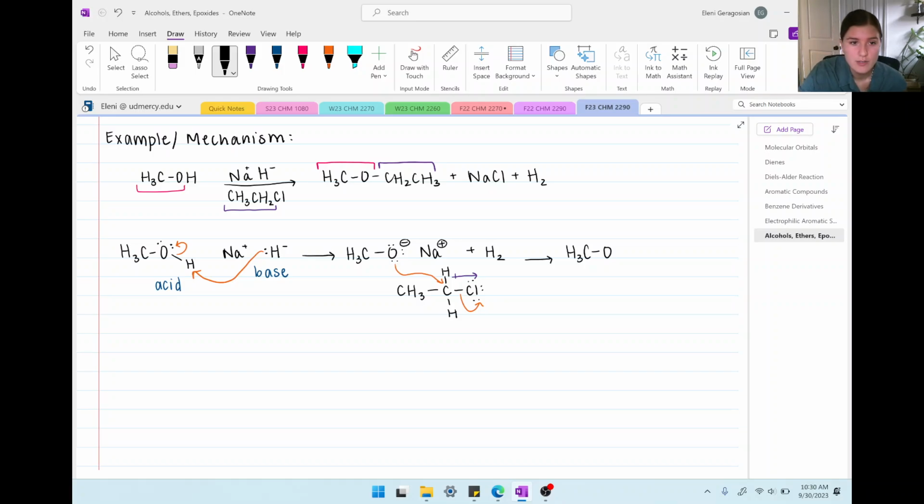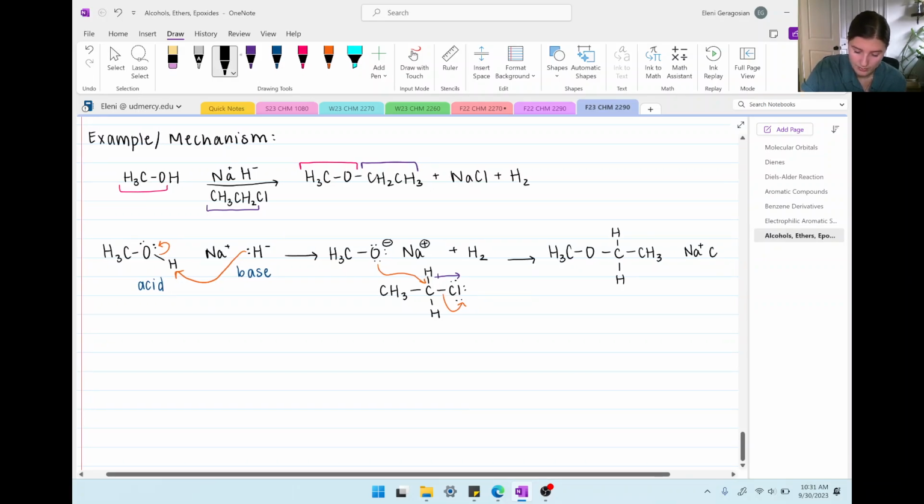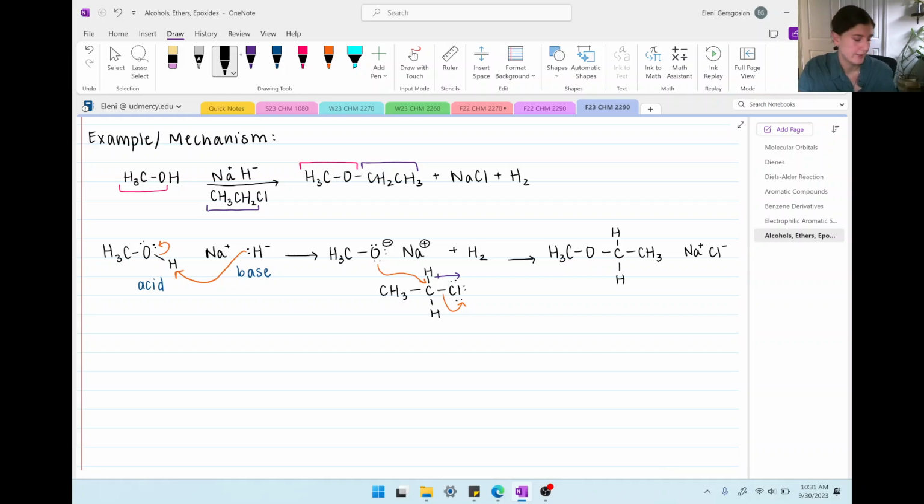So the oxygen from what was the alcohol, then became the alkoxide, is now bonded to the carbon that was part of the alkyl halide. The carbon to chlorine bond breaks, so everything else stays the same. That carbon still has 2 hydrogens and the CH3 group. And then our byproduct now, we still have sodium, and we now have Cl- as a result of that carbon to chlorine bond breaking.